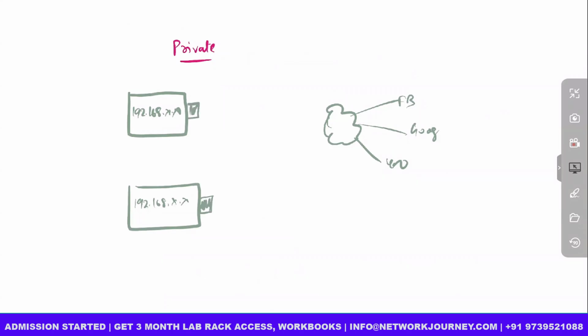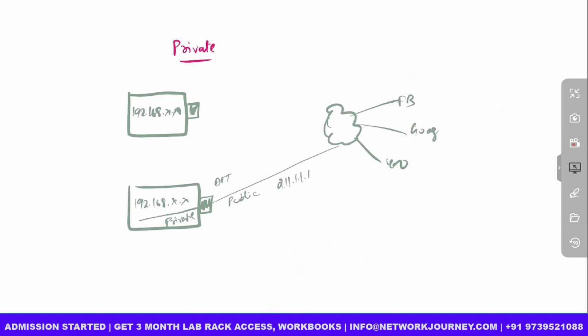So whatever traffic is trying to go out gets NATted. My private IP will get NATted and take a public IP that is allocated to me by the AT&T connection. So my IP would be this.